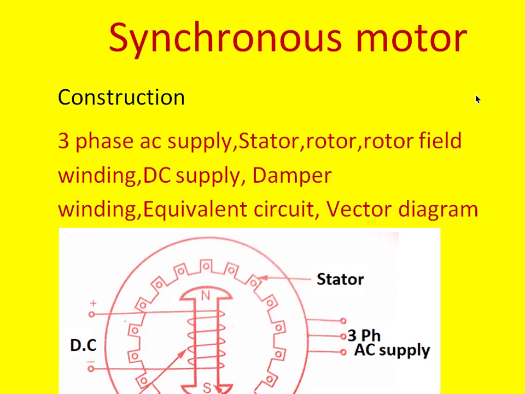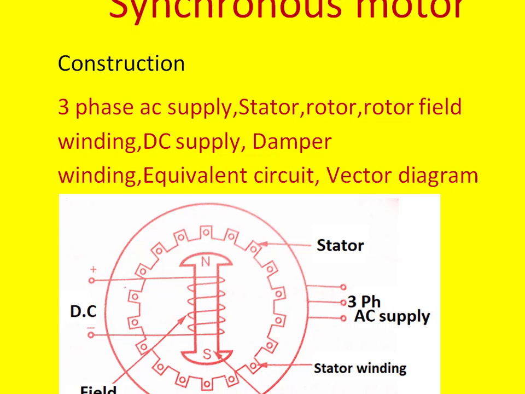So we have seen the construction of the synchronous motor, the different types of rotors that we use, the supply that we give to the stator, and the type of supply that we give to the rotor. We have seen the inertia of the rotor, the effect of the inertia, and how to start the synchronous motor.